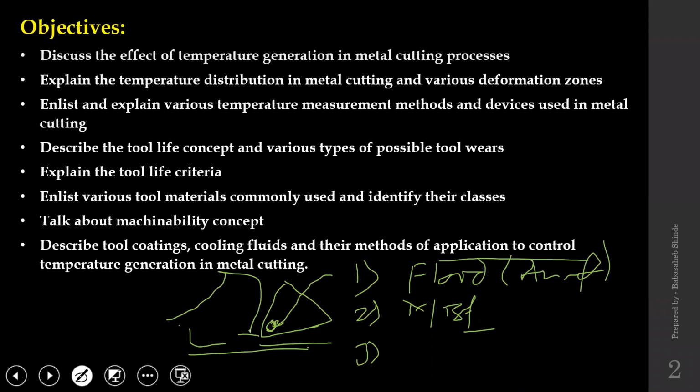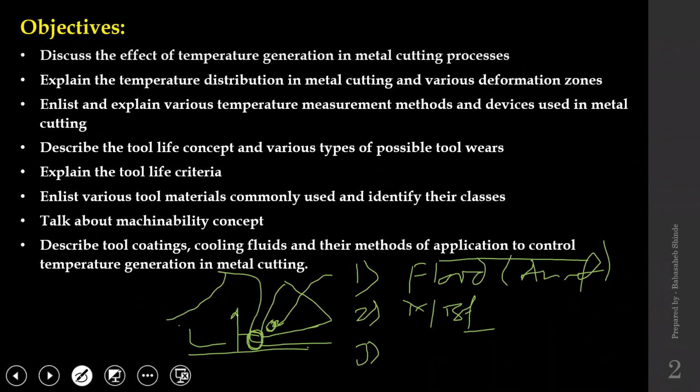You can provide cutting fluid exactly at the desired location. You can have better results, like better penetration of cutting fluid into the cutting zone, so that heat disposal would be better, then chip removal from that zone would be better, right?